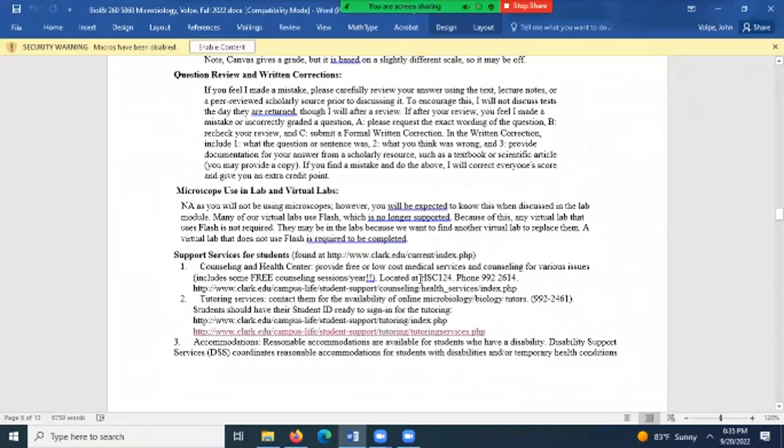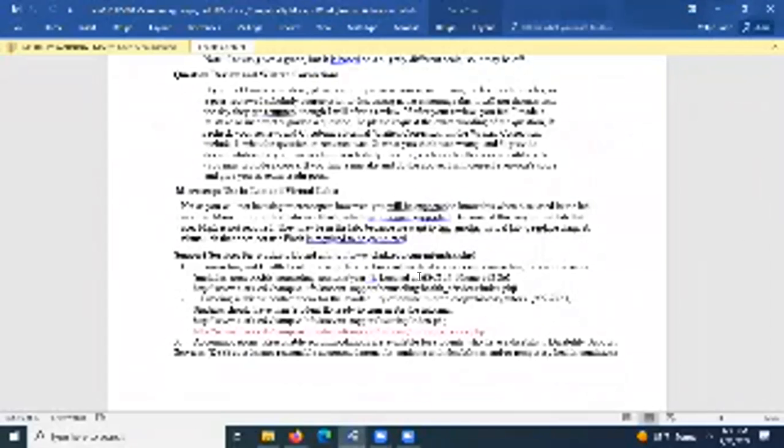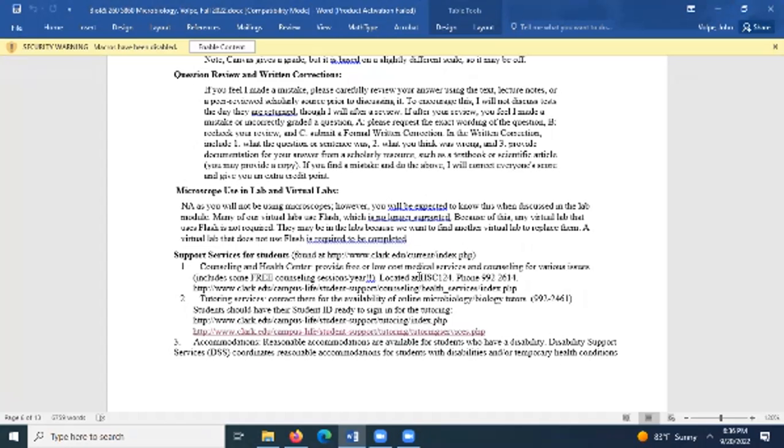You're not going to be using microscopes because we're not going to go into campus with the microscopes, but you will be expected when we cover microscopes to learn the parts of the microscope and how they work. We will have some virtual labs. Many of the virtual labs use Flash, which is no longer supported. Because of that, we pulled those out of the lab and we tried to find alternatives, but it was difficult finding alternatives.